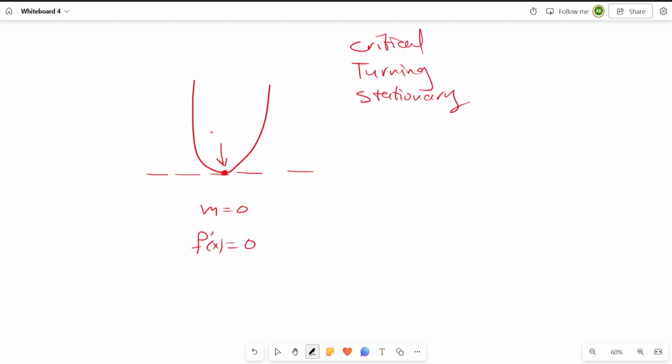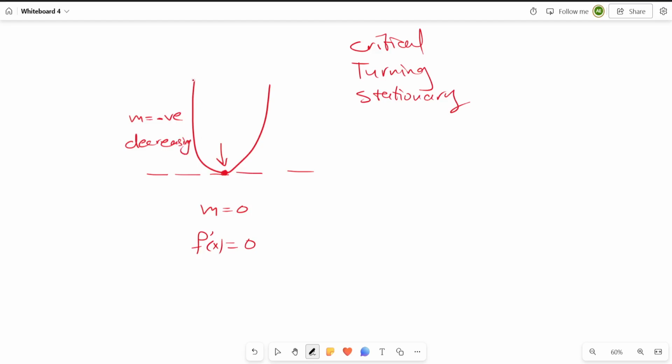In this video, we want to take a look at the intervals where we don't have a turning point. Like, let's say this interval right here. What's happening? We know that the graph is going this way, so we have a negative gradient over here. And very simply, whenever we have a negative gradient, we say that the function is decreasing.